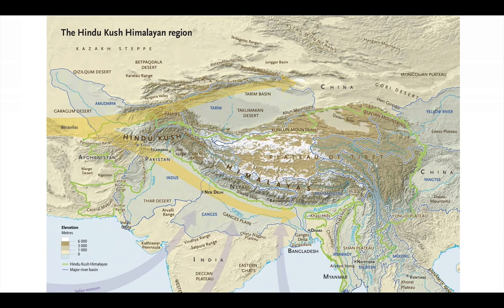If we have a look at a map of the region today, we can see the effect of the orogeny very clearly. India is largely low-lying, but its northern edge, including that of Pakistan and Bangladesh as well, is marked by this ring of mountains, this immense barrier to the warm, moist air coming off the Indian Ocean and the Bay of Bengal, moving north and hitting that barrier of the Himalayas, keeping that warm, moist air above India and Pakistan and Bangladesh, and preventing it going further north into Tibet and China.